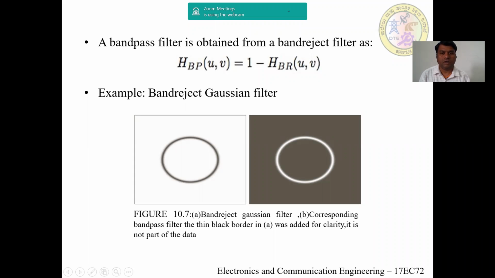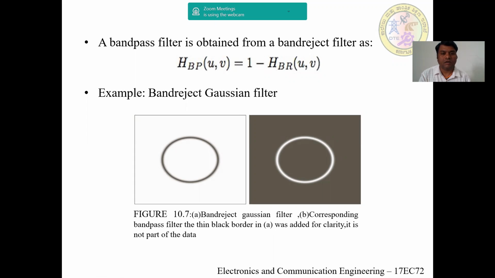A band pass filter is obtained from a band reject filter, given by H_BP(u,v) = 1 - H_BR(u,v). That is, 1 minus the band reject filter of u comma v. Example: you can see a band reject Gaussian filter in the figure.